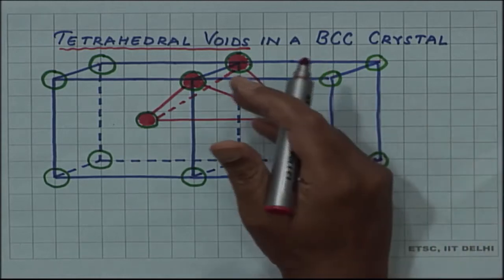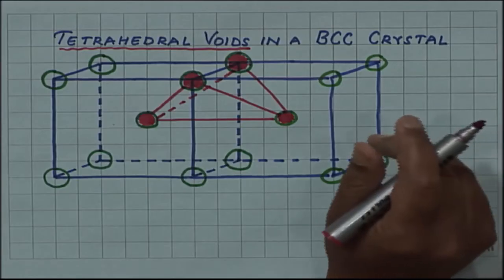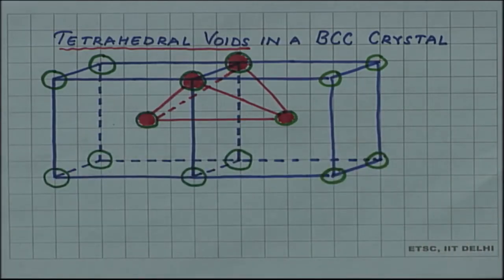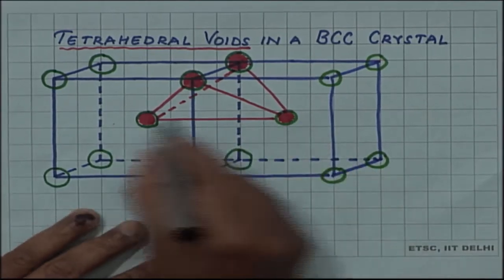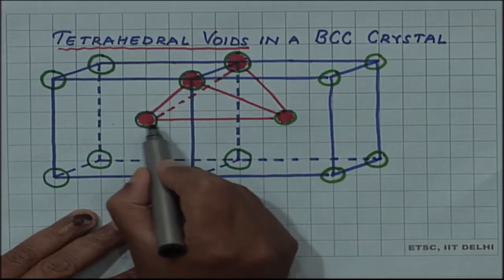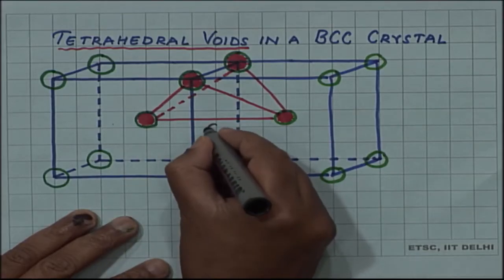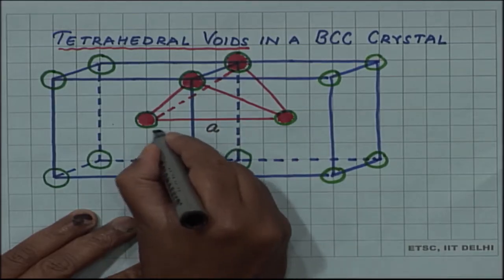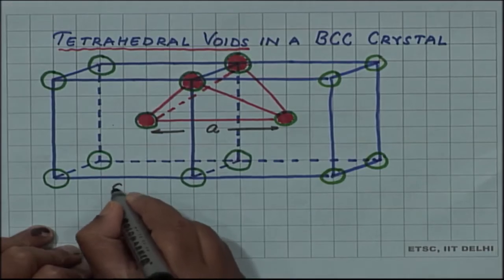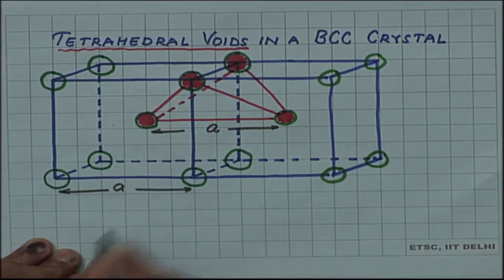It has 4 corners, 4 faces and 6 edges. But if you look at the geometry carefully, you will find that 2 of the edges, for example this bottom edge, the distance from one body center to another body center, will be the same as the distance between the corners of the cube. That distance, corner to corner, is the same as body center to body center.